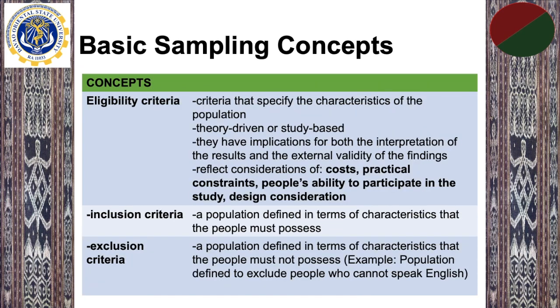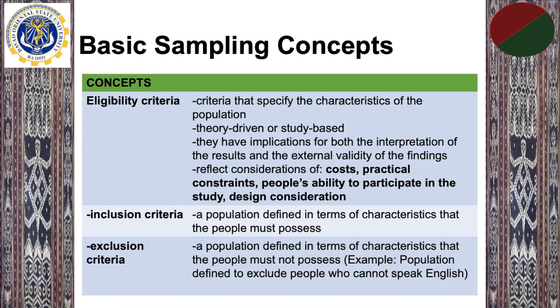Another concept in basic sampling in quantitative research is eligibility criteria. This refers to criteria that specify the characteristics of the population. These criteria are theory-driven or study-based, so they also have implications for both the interpretation of the results and the external validity of the findings.